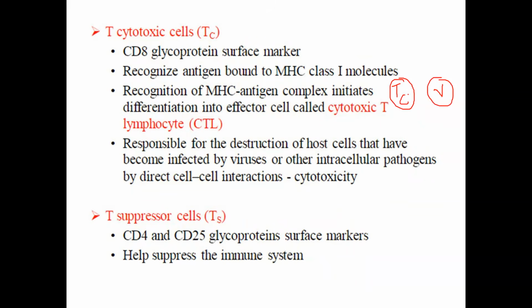If the cytotoxic T cell wants to kill this particular virus infected cell, all the students listen: first of all, the cytotoxic T cell has to come and associate with the virus infected cell. If it is not recognizing or not associating with the virus infected cell, it never ever destroys it. So friends, all the students listen to my statements correctly.